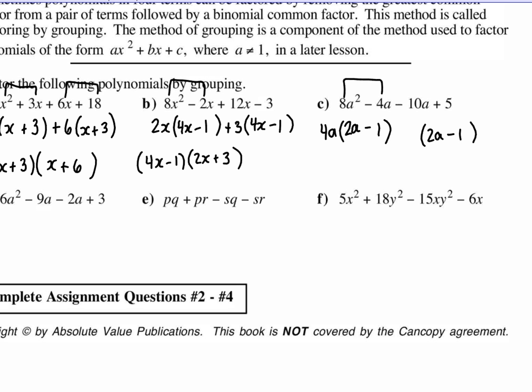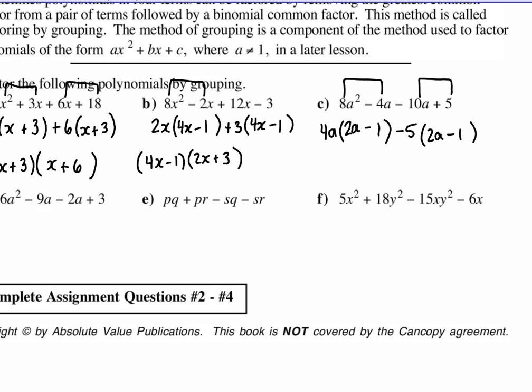That's only possible if we factor what out? If I factor positive 5 out, would that give me 2a minus 1? No. That'd give me a negative 2a plus 1. So what would we actually factor out? Negative 5.